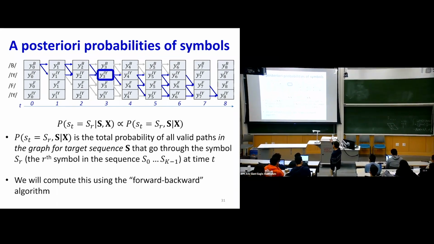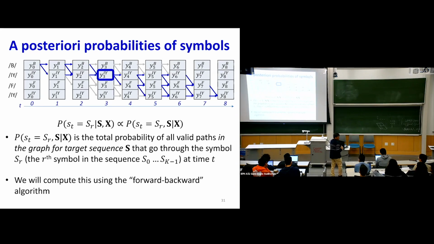That's going to be the total probability of the graph shown over here. So if I'm aligning the symbol E to time, what is this, 0, 1, 2, 3, then it's the total probability of all paths that go through this guy, right? But then there's also a conditionality. So this probability over here is not actually just the total probability, it's the conditional probability.